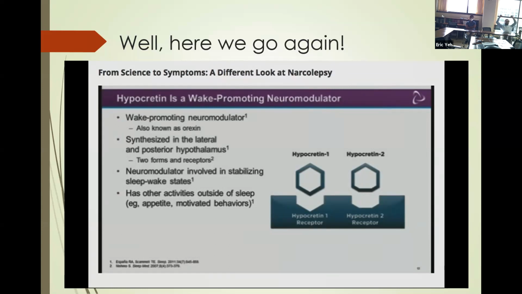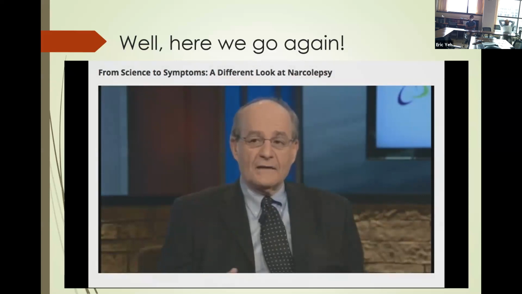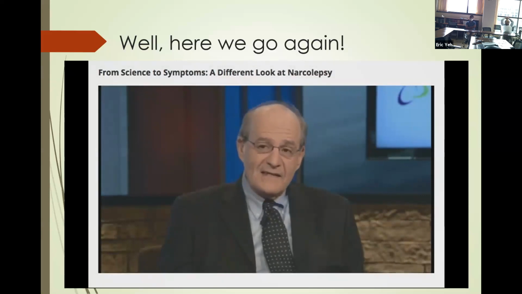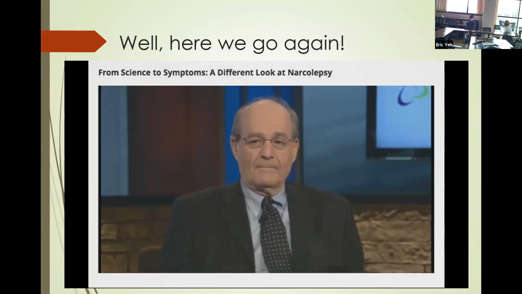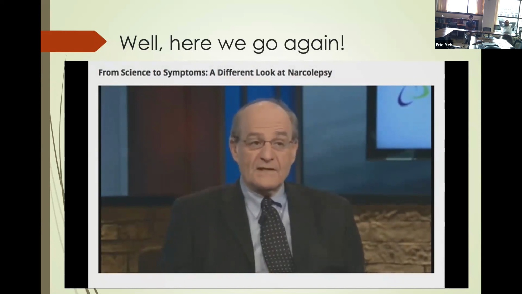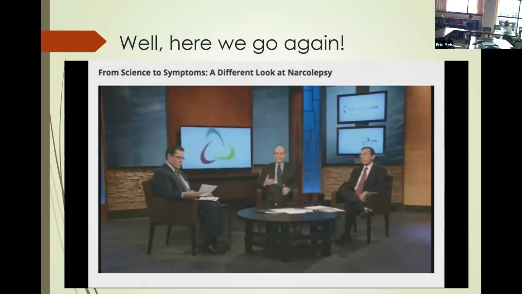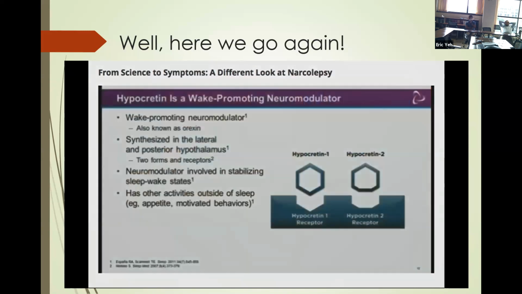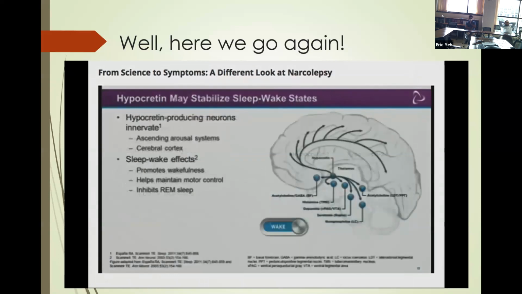But it has tremendous projections, ascending to keep you awake and stimulate all those other transmitters, and descending in terms of motor control, which we'll talk about. While we're going to talk about this tonight in terms of narcolepsy and sleep-wake control, it also has profound effects on appetite, motivated behavior, substance abuse, potentially depression, lots of things. It's a very important transmitter system. Our current hypothesis is that hypocretin's job is the stabilization of the sleep-wake system.